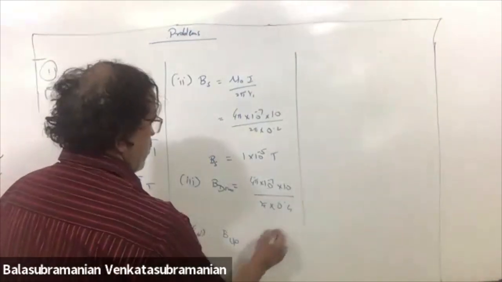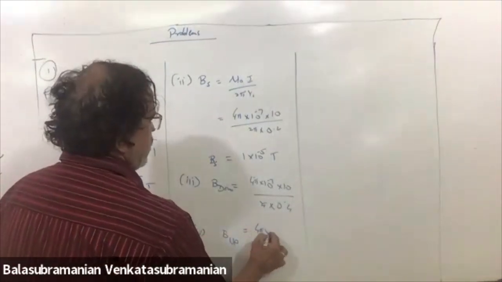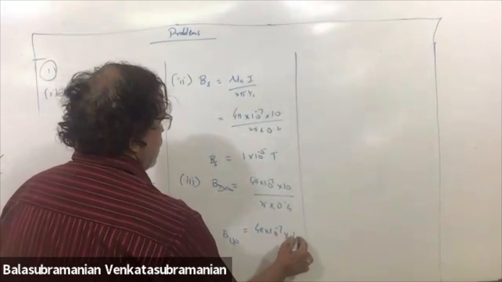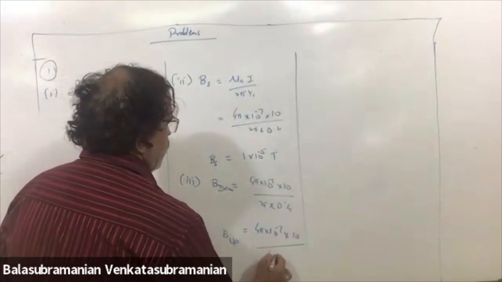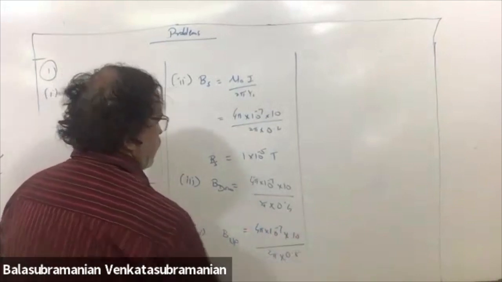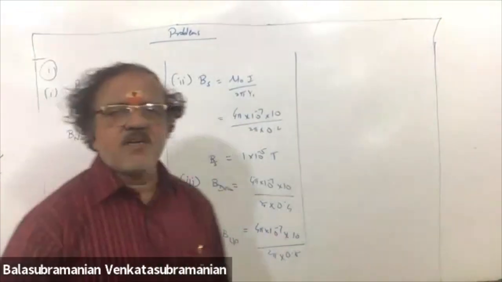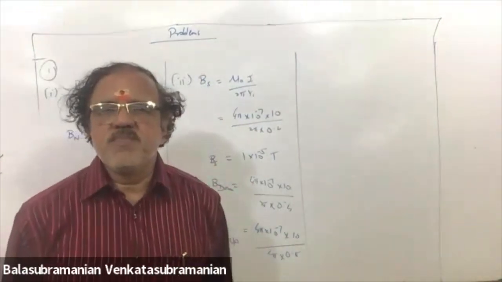Point 4, and 0.5 meter, centimeter means 0.5.